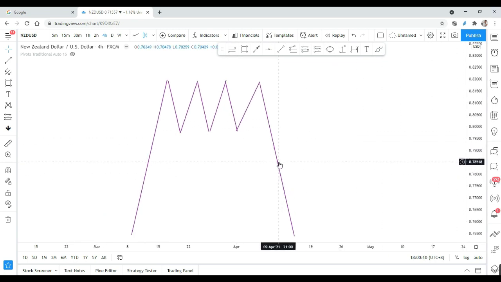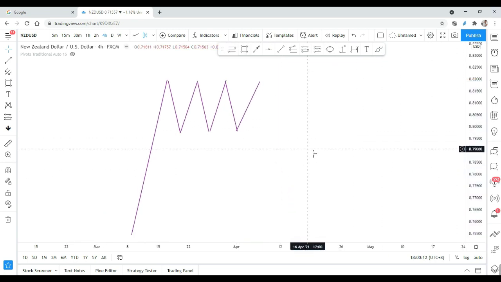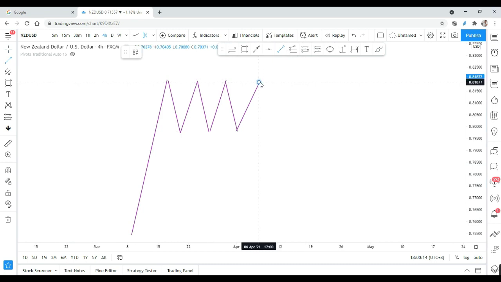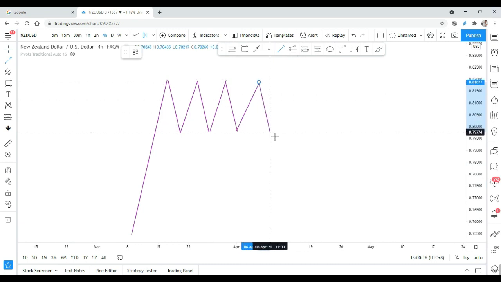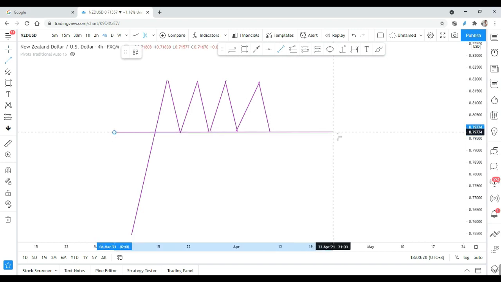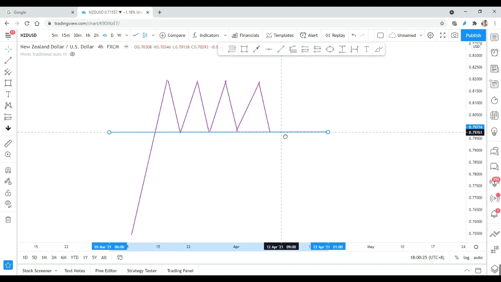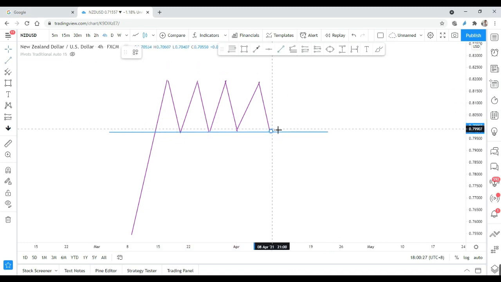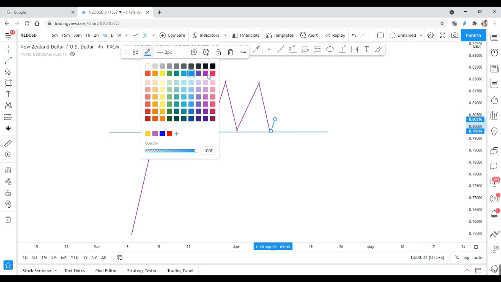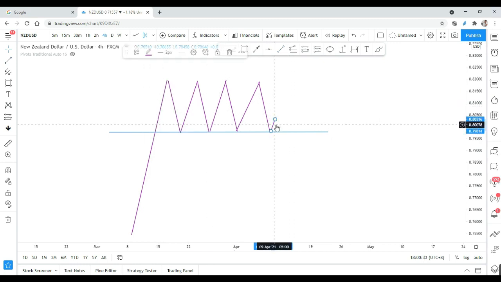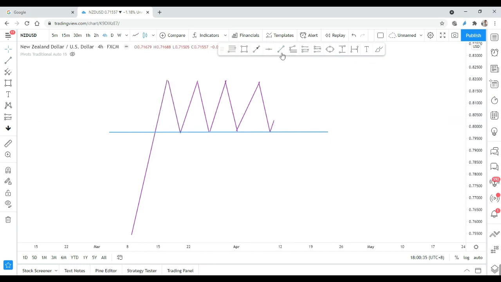When the price came down to this area, likely, I won't say always, it will create another small supply zone before it drops.